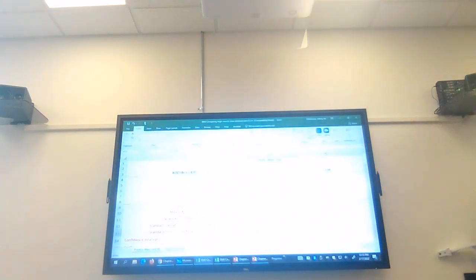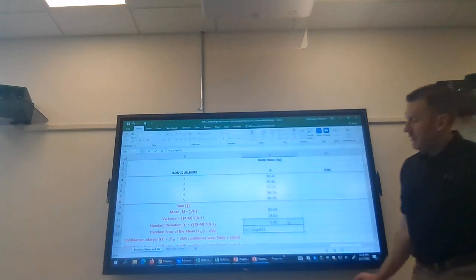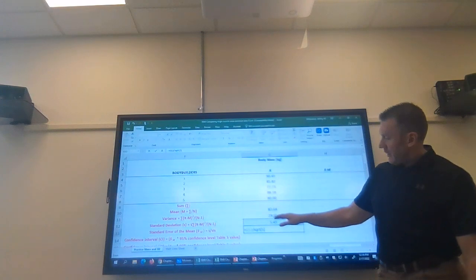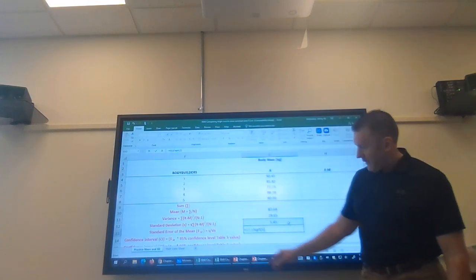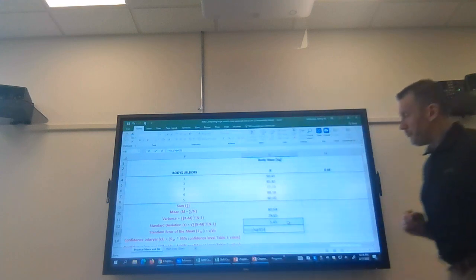So you just want to put 5 there. So just like that. So you're just taking S as your standard deviation. So you're just clicking on that cell, and then the square root of the number of people in your sample.